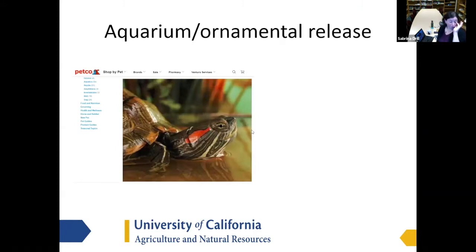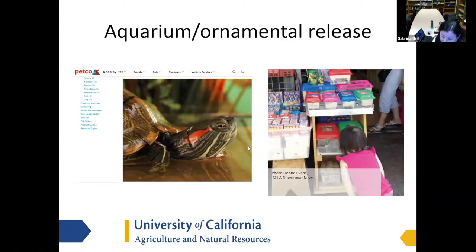Aquarium and ornamental release. I'm not going to talk too much about this guy, but certainly in Southern California, I'd say throughout the state, it's a problem. This is the red-eared slider that competes especially with the Western pond turtle, which is an endangered species. And I could go to downtown LA right now and buy a bunch of these in these little containers.